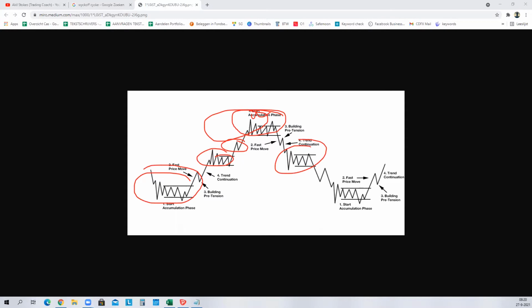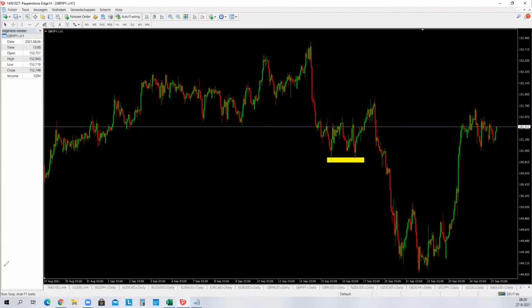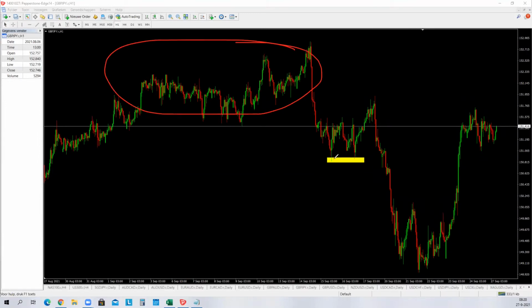Now, if we go back to the GBP JPY, this is your distribution, and a lot of people usually buy in this area because they think it's accumulation, and this is where you will see double bottoms forming.